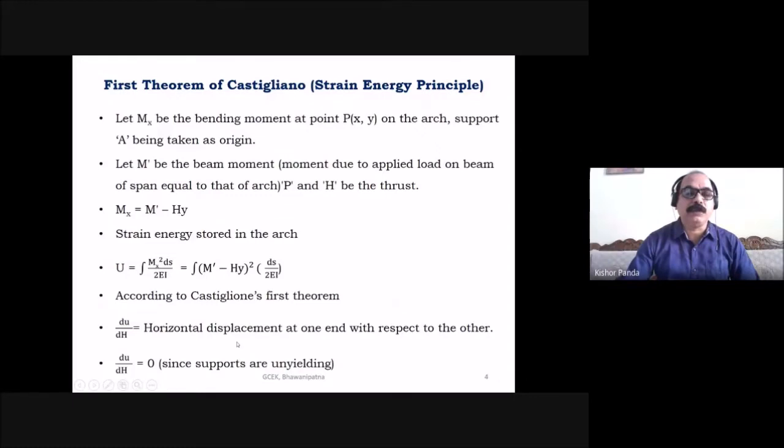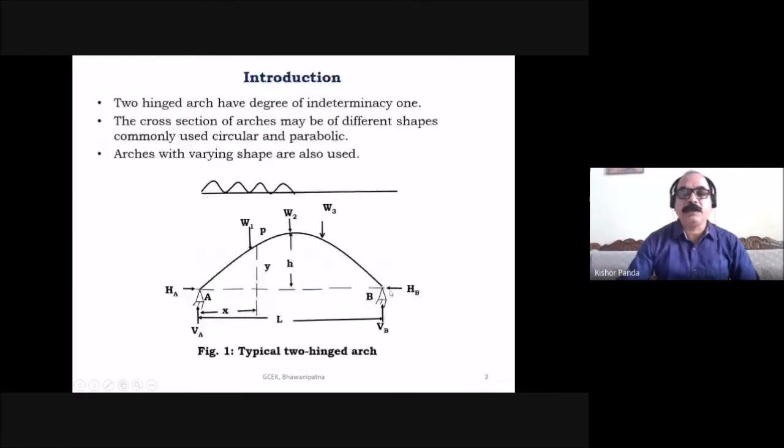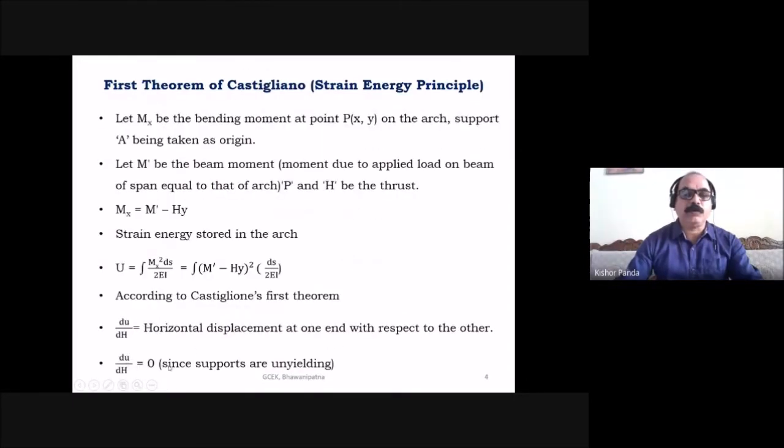The supports are not yielding, so dU by dH is equal to 0, since supports are unyielding. The partial derivative of strain energy with respect to force gives the displacement along the direction of the force. This is Castigliano's first theorem.